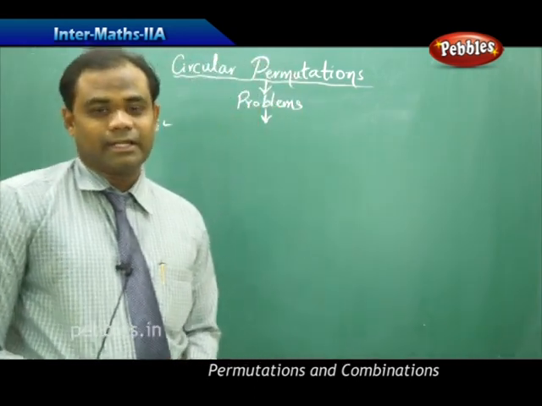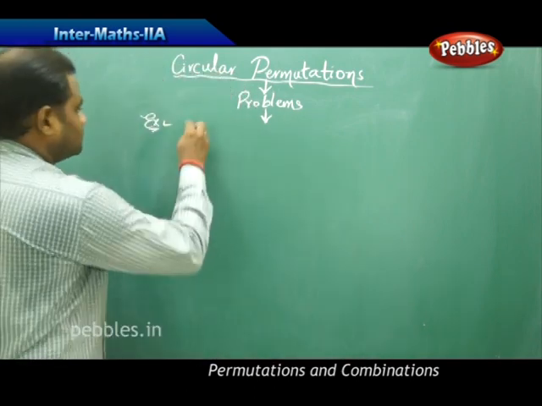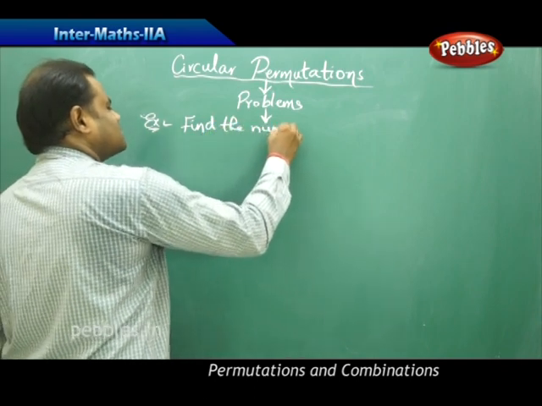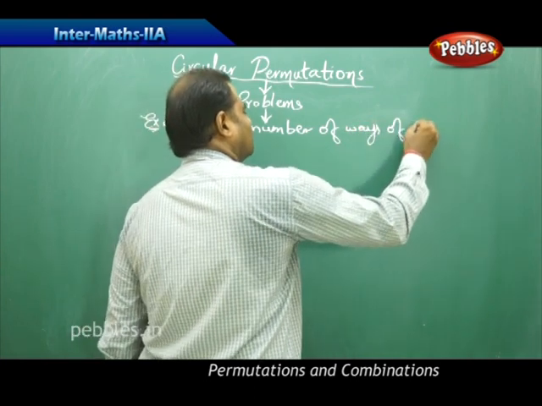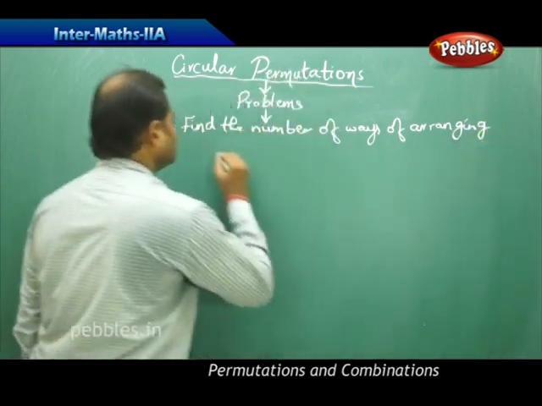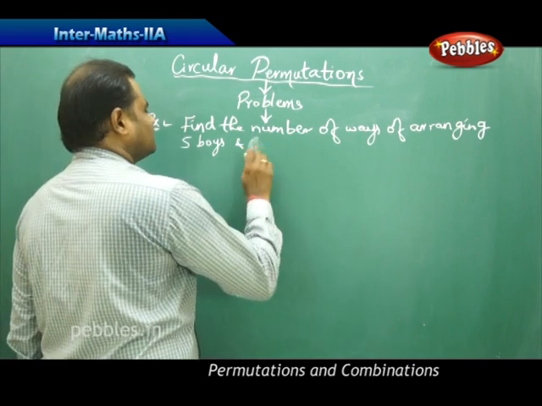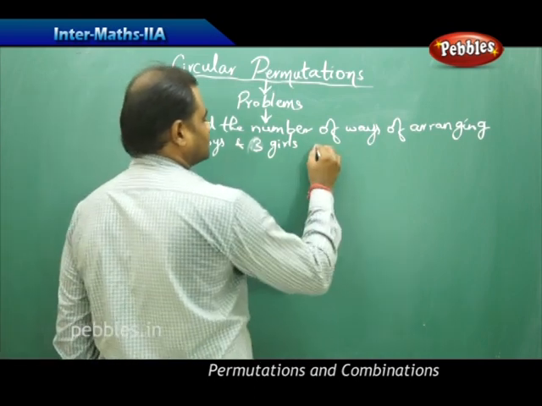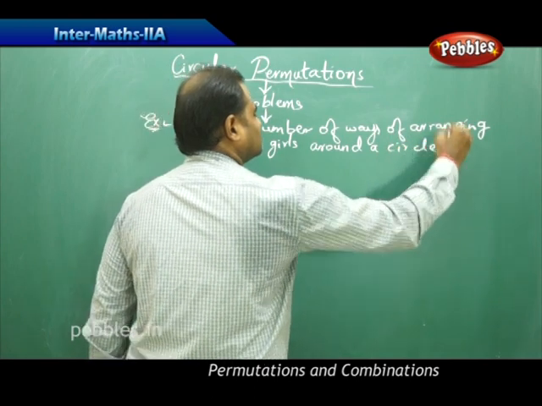Now let's see an example problem to understand circular permutations better. The question says: find the number of ways of arranging five boys and 3 girls around a circle.